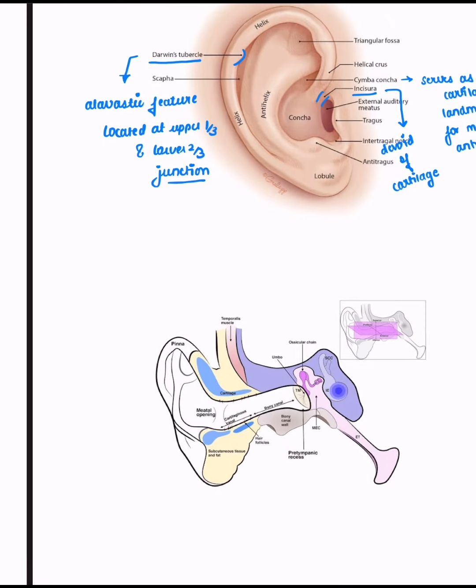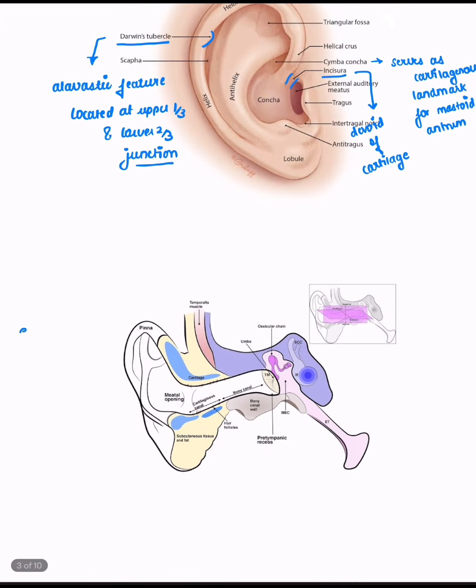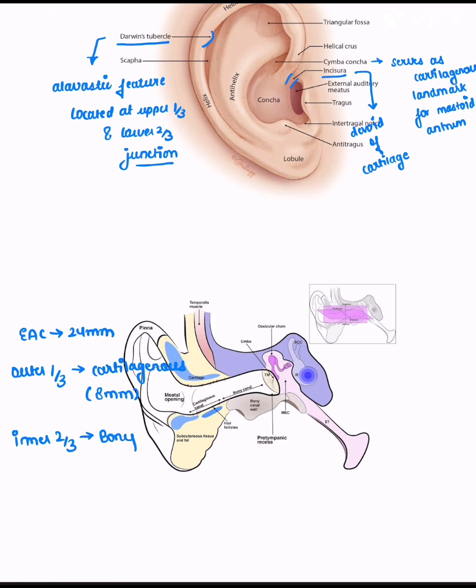Next we are going to see about external auditory canal. The total length of external auditory canal is 24 mm, out of which the outer 1/3 is cartilaginous, which is 8 mm, and inner 2/3 is bony, which is 16 mm.